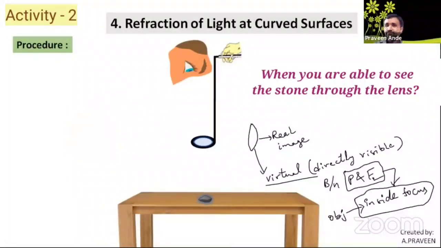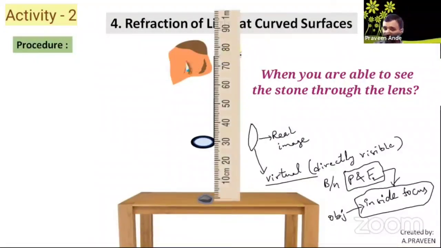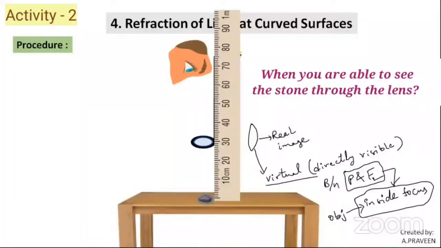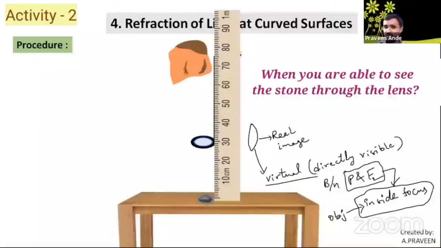Decide the length of the lens, at what height you are able to see that. What is the length of that? That means the gap between the lens and the object. I am using the scale to know the value. How much is it? 30 centimeters. Yes, so at 30 centimeters he is able to see.